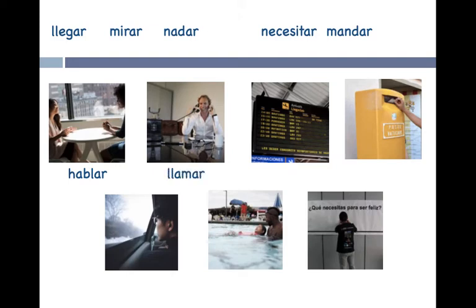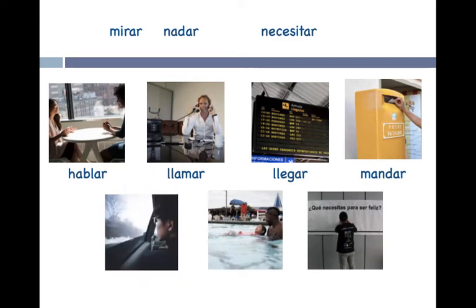Repita, llamar. ¿Cómo se dice to arrive? Repita, llegar. To send. Repita, mandar. It's mandatory to send that letter.